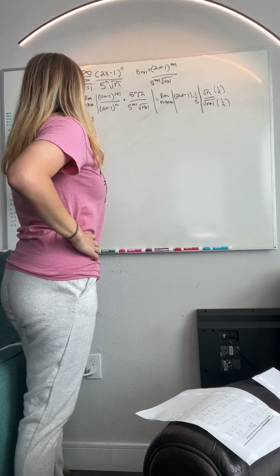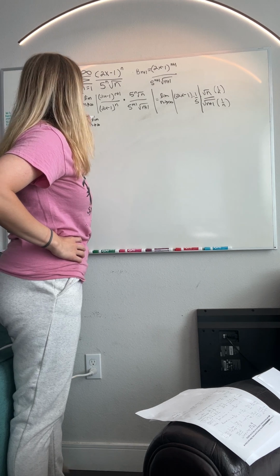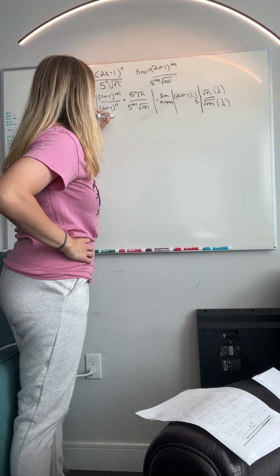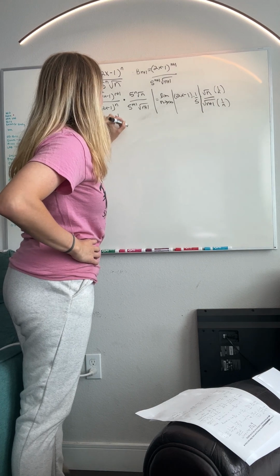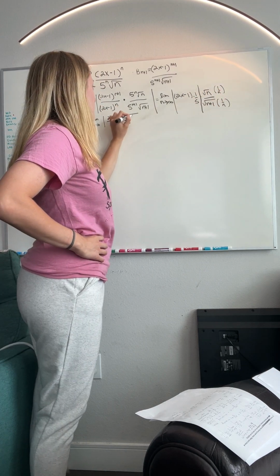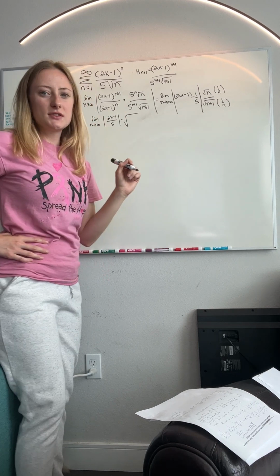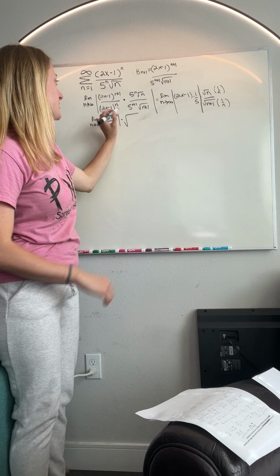So I have the limit as n approaches infinity of the absolute value of 2x - 1 over 5 times the big square root of n over n, which is 1. Actually, I'm just going to leave it as an n right now and then take the limit. I think it'll just be easier to see.